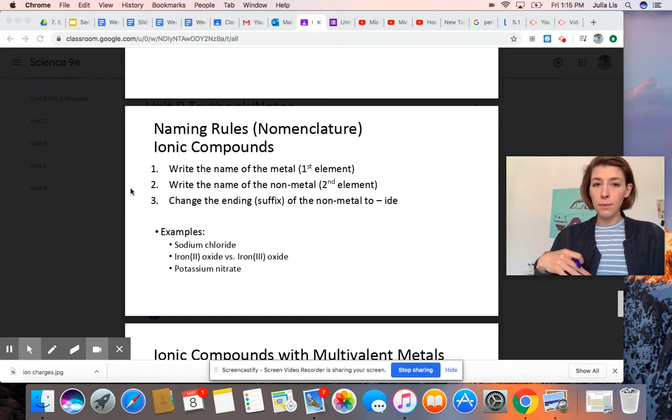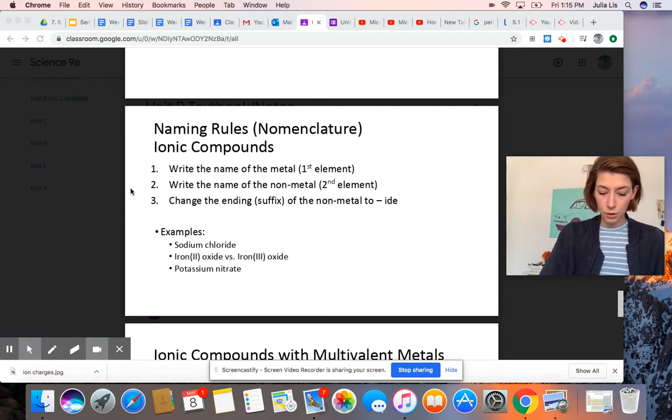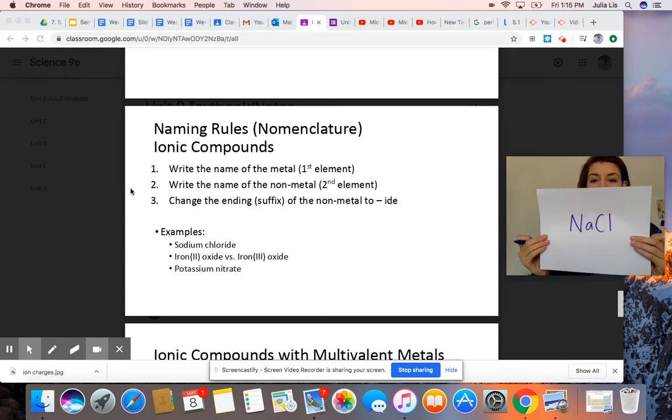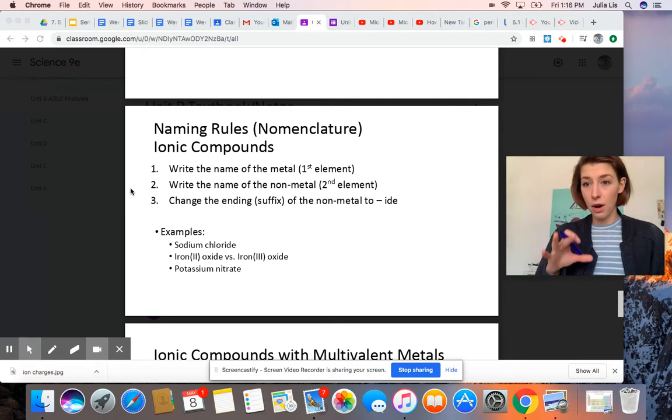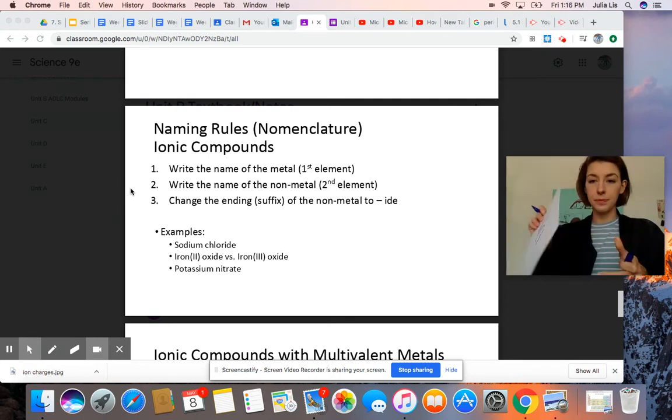So when we're naming these ionic compounds, what you'll get is a formula. Okay? So the formula is when we use the symbols. And so what the symbols would look like this. This is sodium chloride. But so how do you name this? How do you get sodium chloride? Well, you're going to look and make sure that you have an ionic compound first. So you're going to look at the first element.